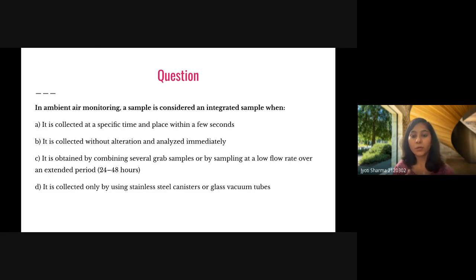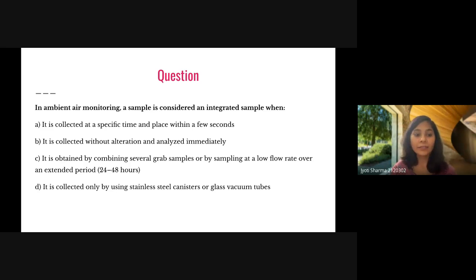Okay, so after grab sampling, another type of sampling is integrated sampling, right? And you have to tell me what happens in integrated sampling. In ambient air monitoring, a sample is considered an integrated sample when it is collected at a specific time and place within a few seconds.